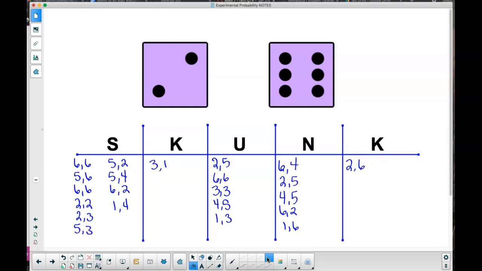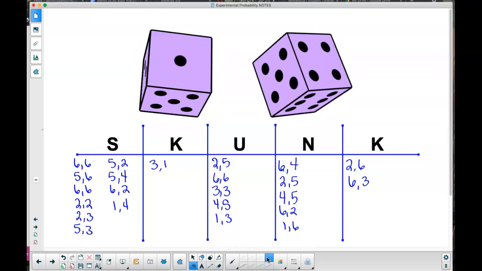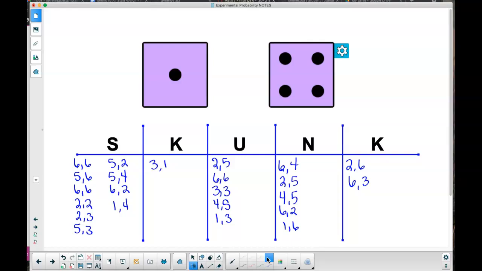Here we go. 6 and a 3. So 9 points. Everyone sit. No? Okay. Here we go. I gave you a chance. I asked you if you wanted to sit.